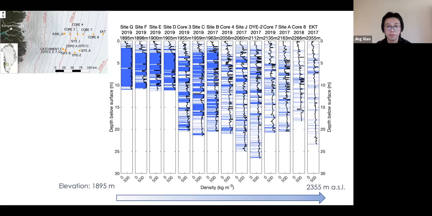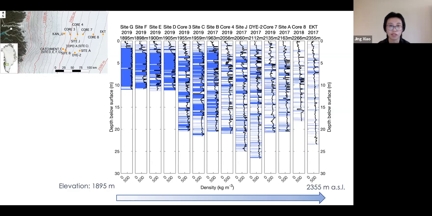So the pore spaces in the firn are initially a buffer against the melt, because they will store the meltwater, as much as 45% for now.